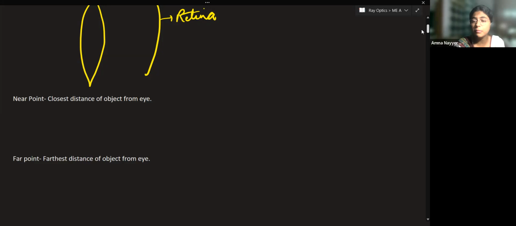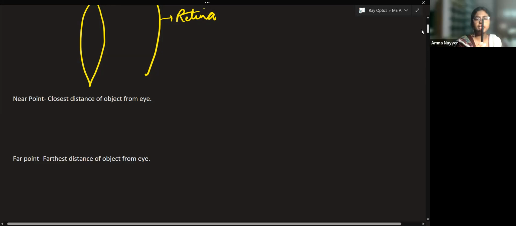It is becoming blurry and giving strain to my eyes. But if I keep it at this distance, I can easily and clearly see a single image of the pen. There's no strain put on my eyes. So this is the closest possible distance at which I am able to see anything.